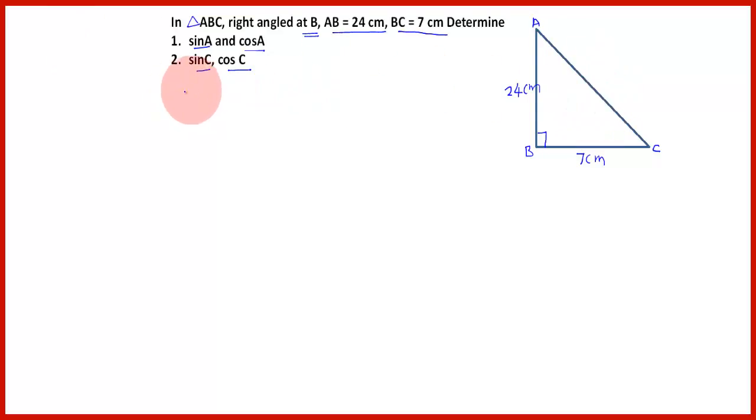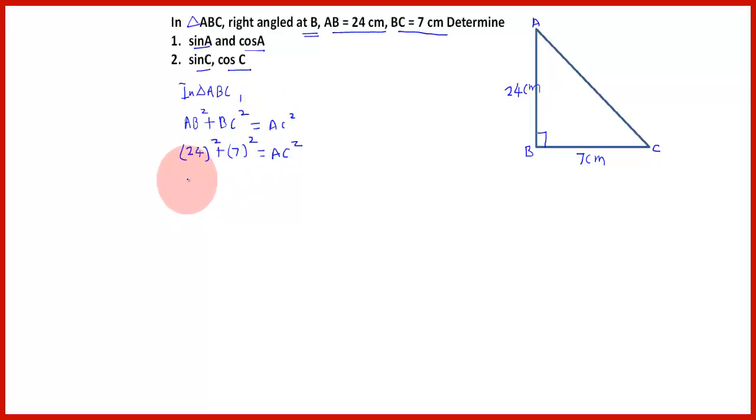So in triangle ABC, AB square plus BC square is equal to AC square, and AB square, that is 24 square, plus BC square, that is 7 square, which is equal to AC square.